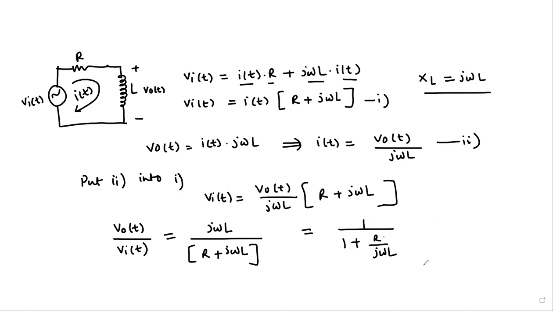All right. So once we have this equation, we can try to get the magnitude, which will be written as VO of t divided by Vi of t.